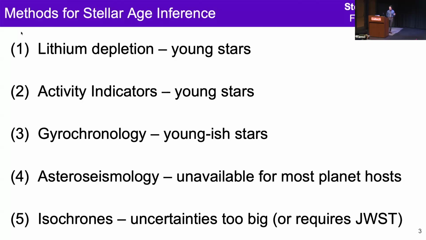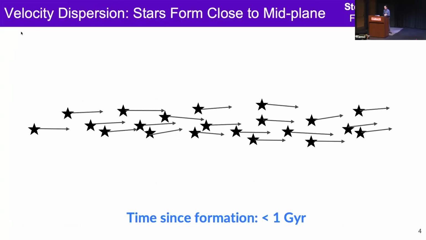One of the ways that we can do this is with the velocity dispersion method. This takes into account the way that stars form and interact with the galaxy they're in. So starting out, stars in the thin disk form very close to the midplane. They take up a very small volume of phase space. And over time, they experience random kicks due to things like giant molecular clouds and the galactic bar.